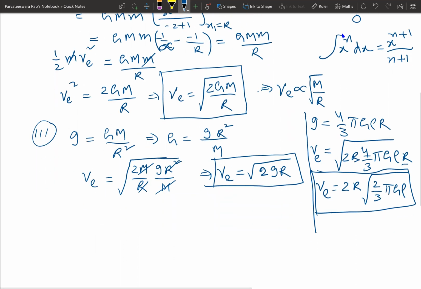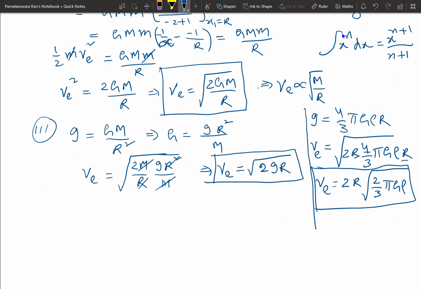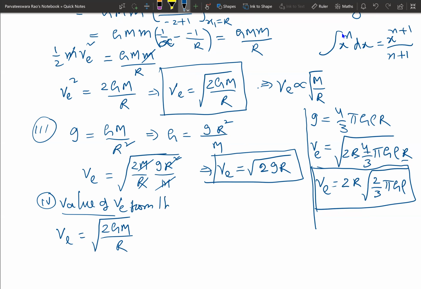So if you substitute the values, V is equal to root of 2GM by r, value of VE from the Earth.